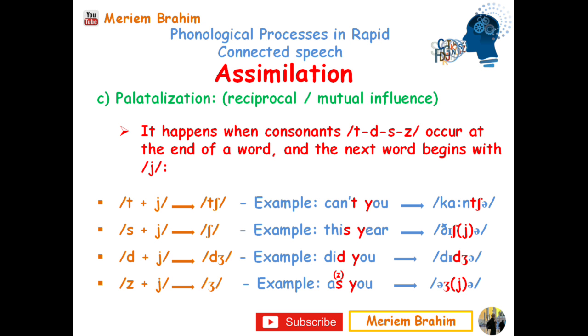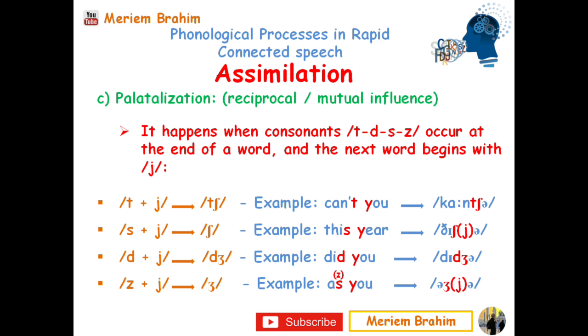We are going to have different cases here. When the first word ends with t and the second word starts with y, they influence each other and come up with a new sound, which is the sound ch. Example, "can't you" becomes "can'tcha".